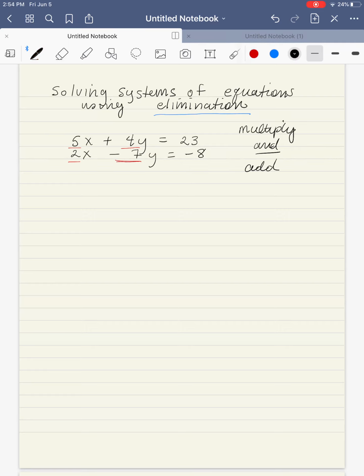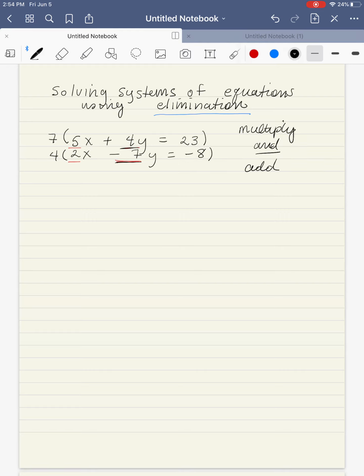So I'm going to think about what would I multiply 4 by and negative 7 by to get the same number. And I'm going to see that 28 is the smallest possible multiple of 4 and 7. So I would multiply the first equation by 7 and the second equation by 4.